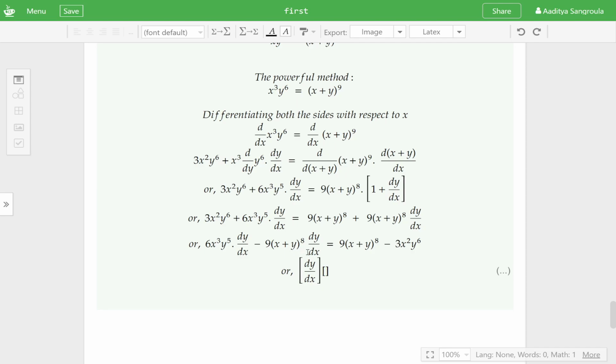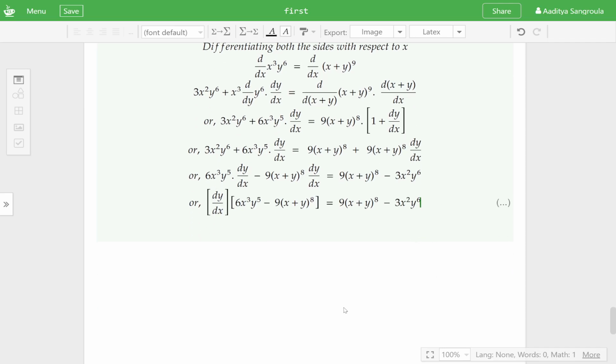So it's this and then minus this, right? And this is equal to this. So now we can see that dy over dx is equal to something.